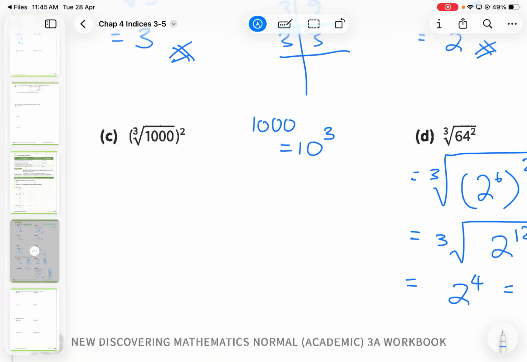So you go and figure out what is cube root of 1000 first before you square. Just divide this power by 3. 12 divided by 3 is 4.